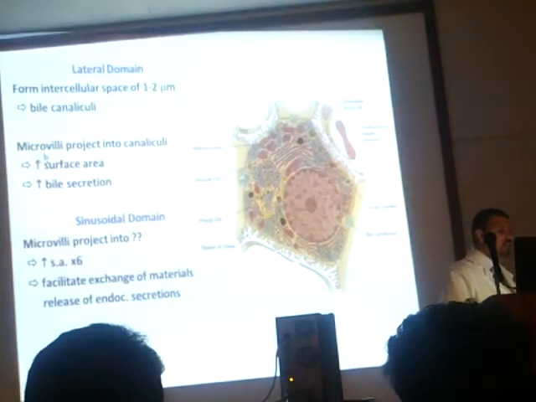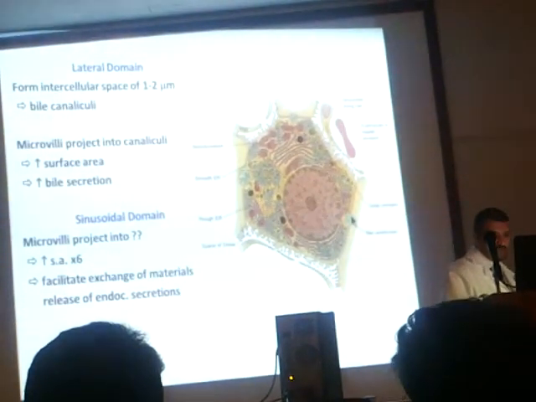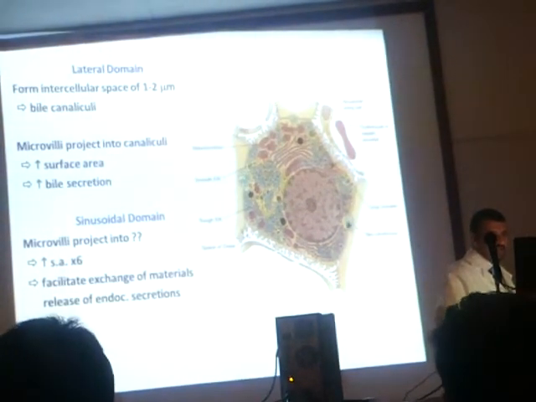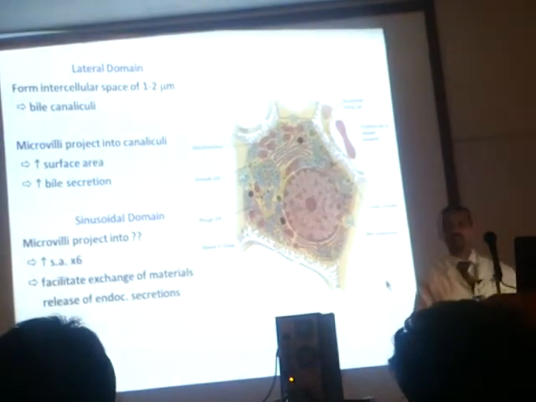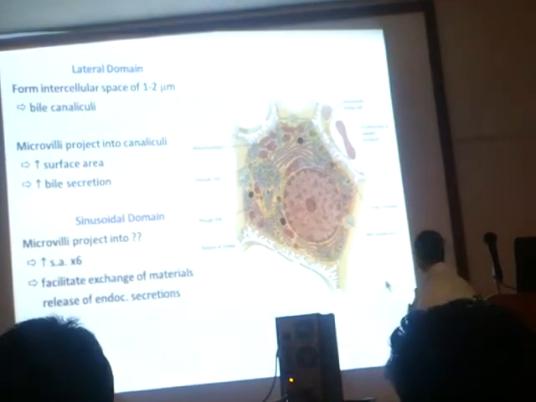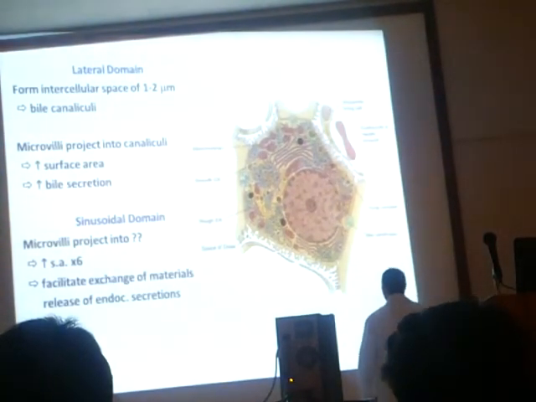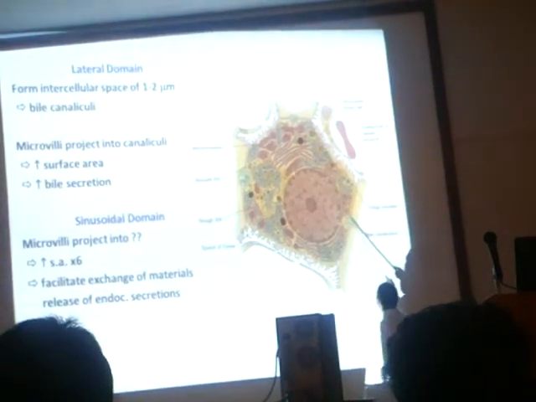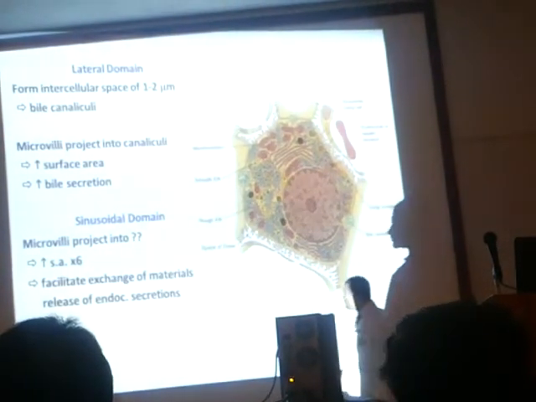Within the bile canaliculi, you will see microvilli projecting into them. You see how the canaliculi is irregular in shape because of these microvilli. Why microvilli? Again, surface area. Wherever you find microvilli, it is to increase the surface area, so more production and secretion of bile.